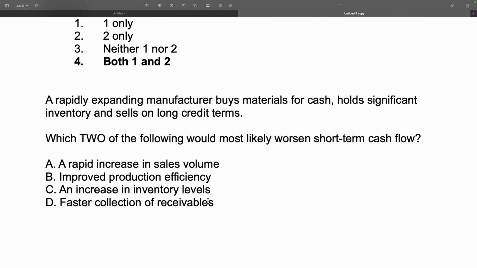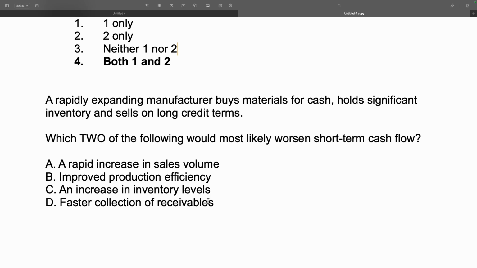Now, a rapidly expanding company, growing very fast, buys material for cash, holds significant inventory and sells on long credit terms. They buy material for cash, that means no credit taken for payables. Then they hold the inventory, so your current asset is big, and they sell on long credit, so your receivable is also big. Which two of the following would most likely worsen the short-term cash flow? Collecting faster should be better. Improved production efficiency should be better.